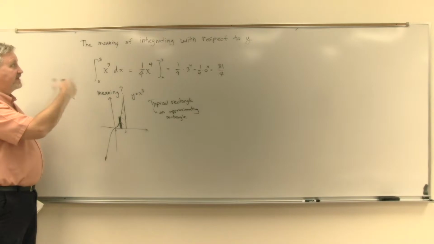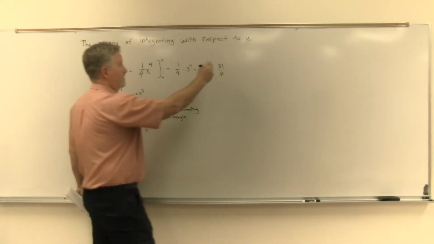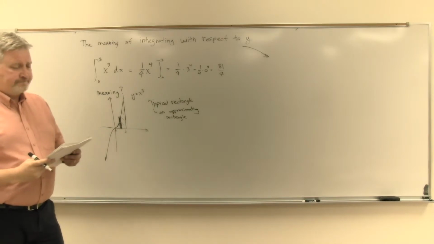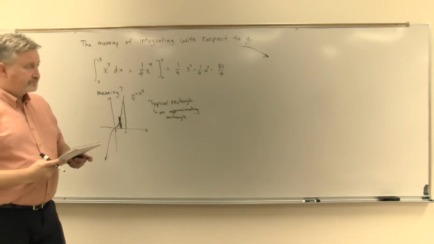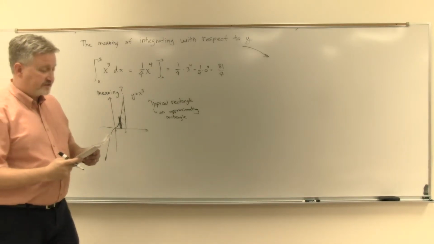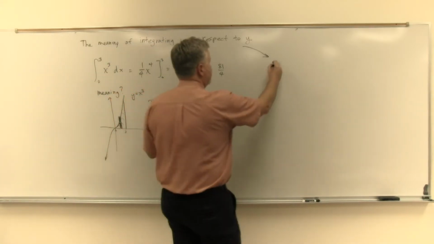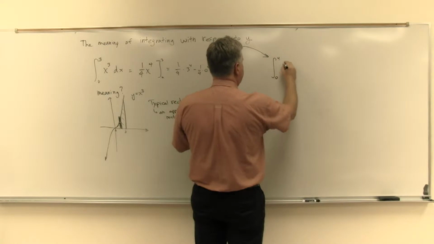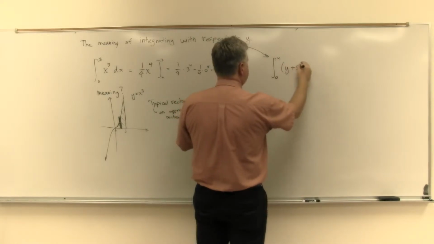Now, let's talk about the meaning of integrating with respect to y. Like I said, in most cases it's going to be easy to do this. All right, so let's say we go 0 to 4, and we're integrating y plus 5 dy.